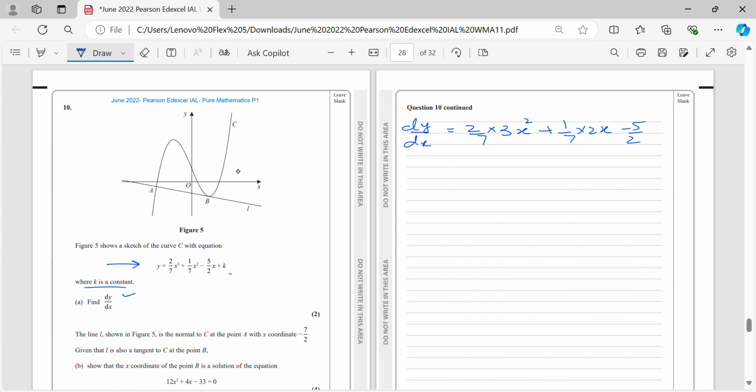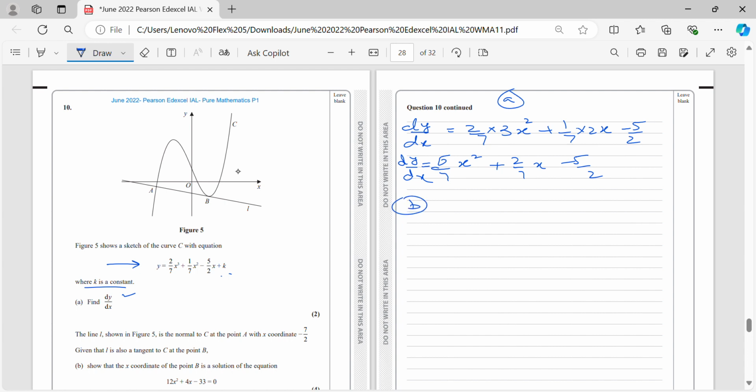The derivative of x is 1, so minus 5 over 2, and k is a constant, so the derivative of a constant is 0. Simplify it: 6 over 7 x squared plus 2 over 7 x minus 5 over 2. So this is the derivative of the function, dy by dx. Right, A part is done.